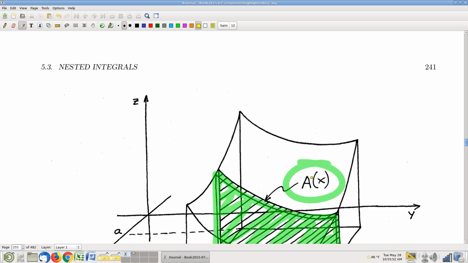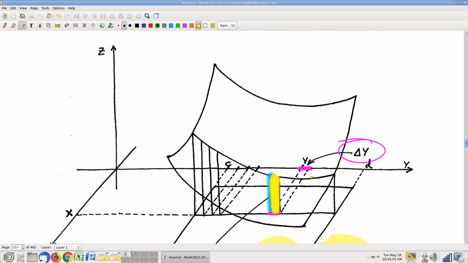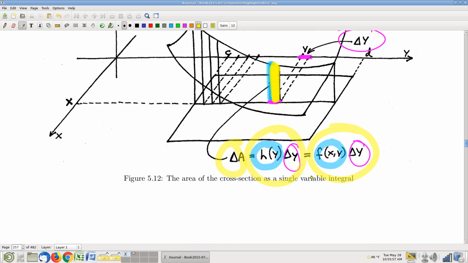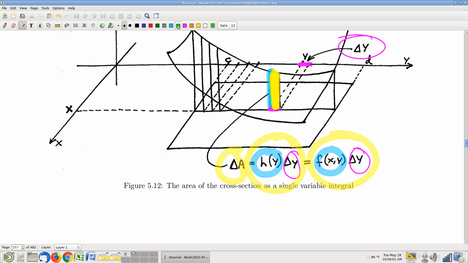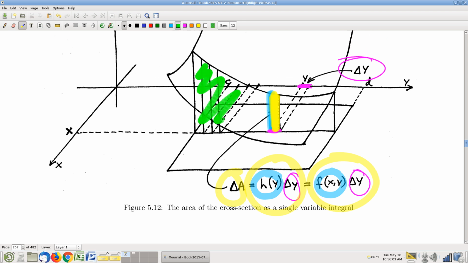But that A(x) is the sum of these terms here. That A(x) is itself an integral.